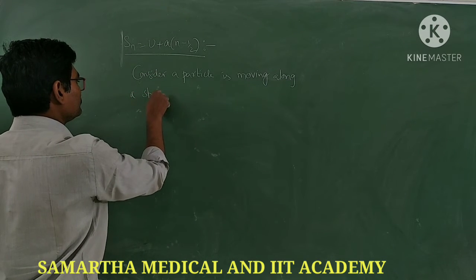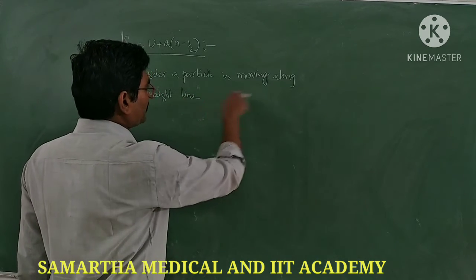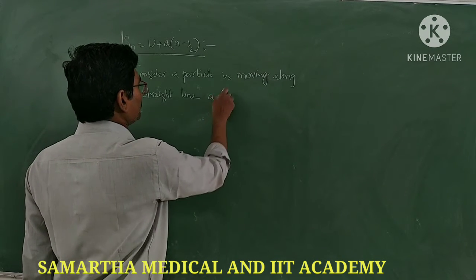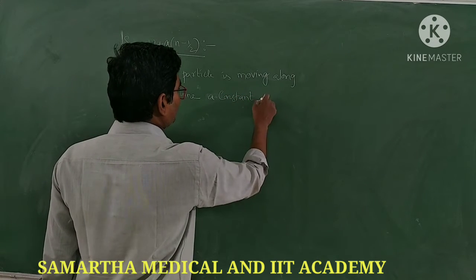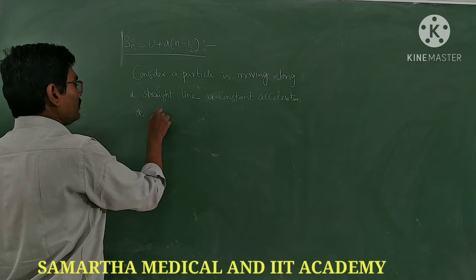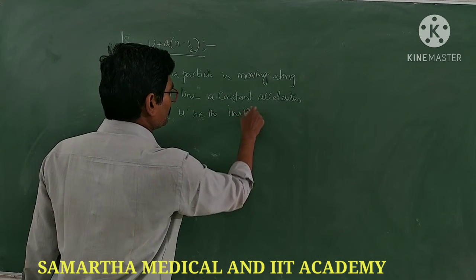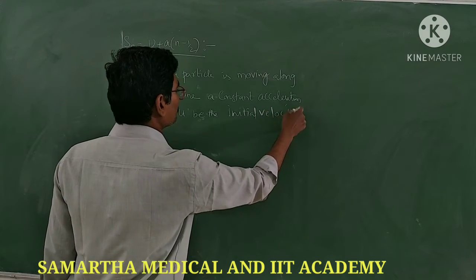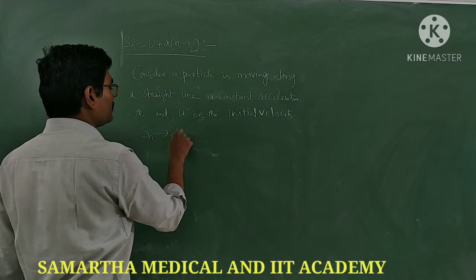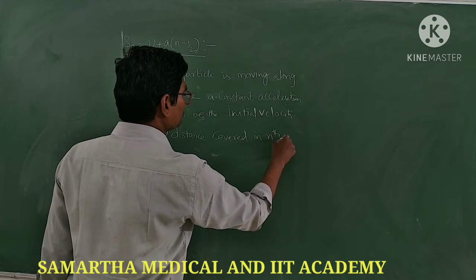So if it is going along a straight line with an initial velocity u, with a constant acceleration a, and u be the initial velocity, and Sn be the distance covered in nth second.